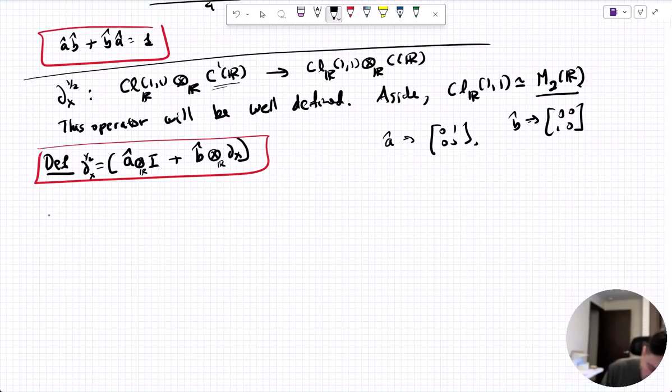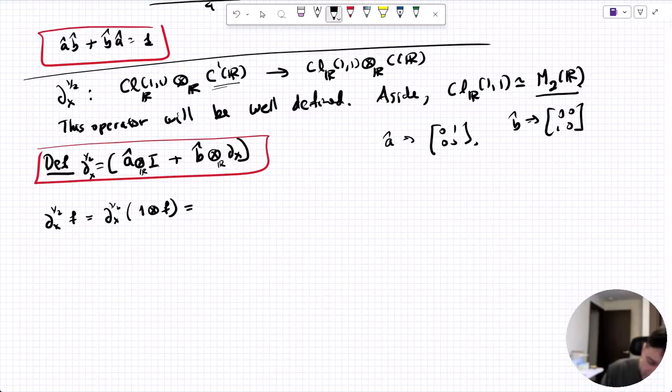So let's calculate the fractional derivative of a function. So let's do it formally, right? The fractional derivative of the identity tensor the function, and then we're going to do the application.